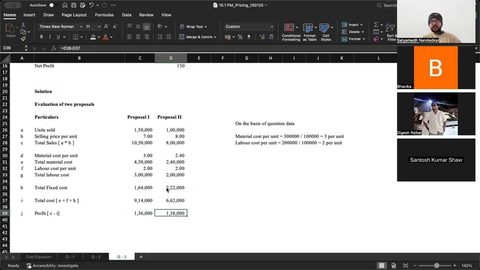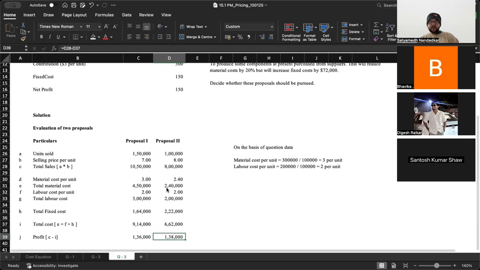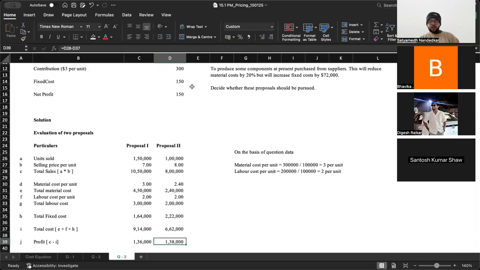Profit is 1,38,000. Now you might feel कि यार proposal 2 is better, but observe the original profit. Original profit is 150 and both proposals are not increasing it beyond 150. In fact, they are bringing it below 150. So I don't think any proposal makes sense.